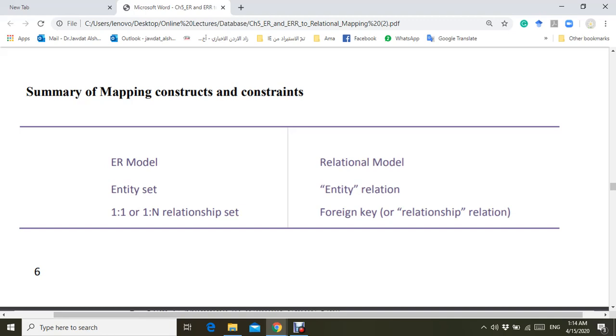For one-to-one and one-to-many relationship sets, we put a foreign key in one of the relations referencing the other relation. In one-to-one, it's better to put the foreign key in the total participation entity. For one-to-many, it's better to put it in the many side relation.